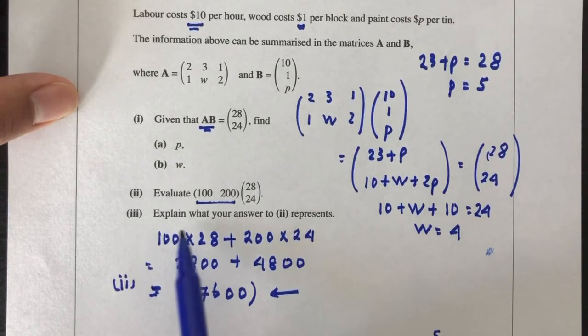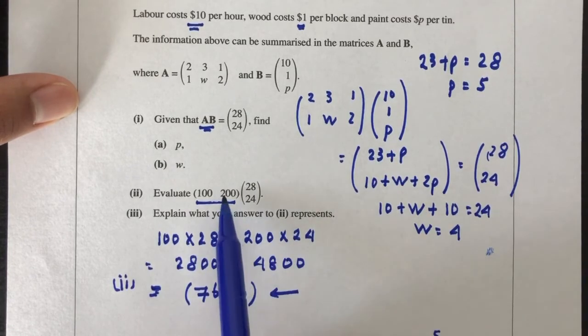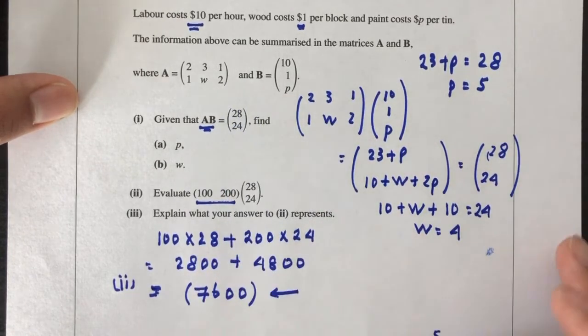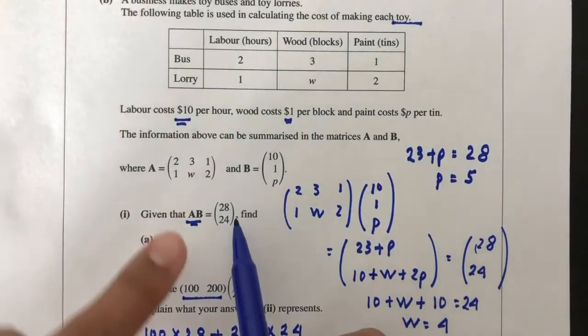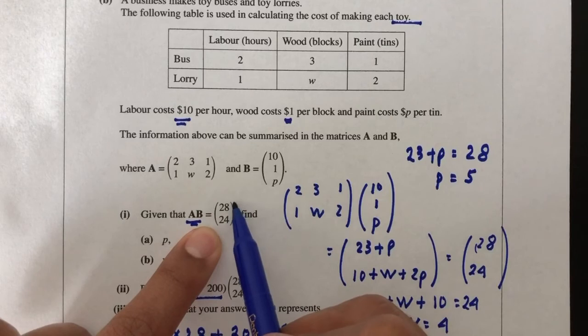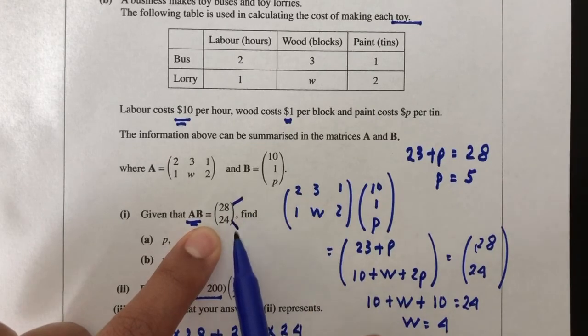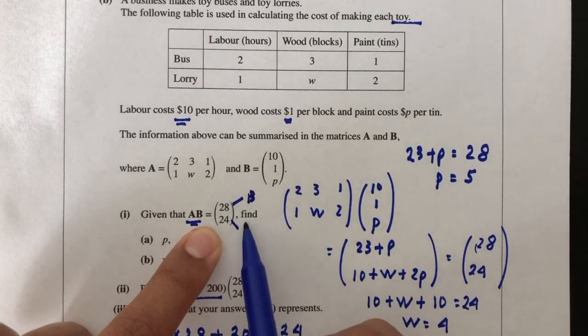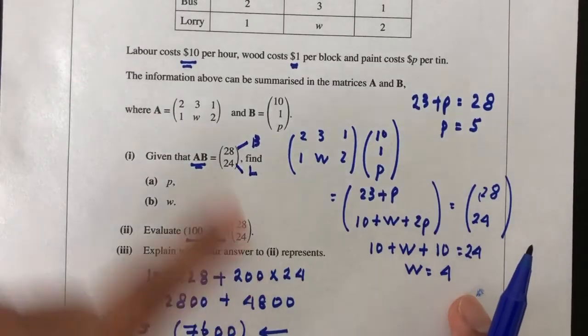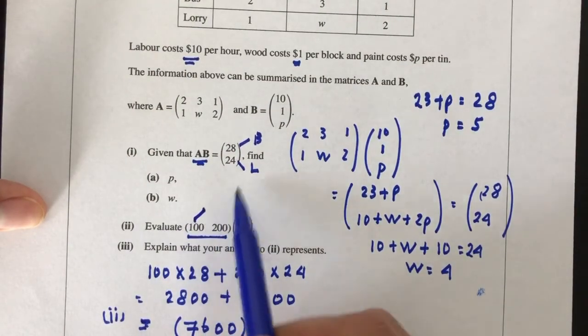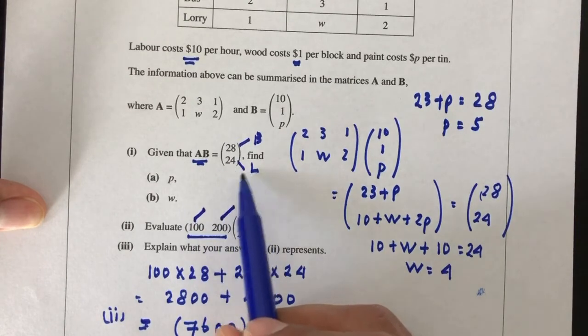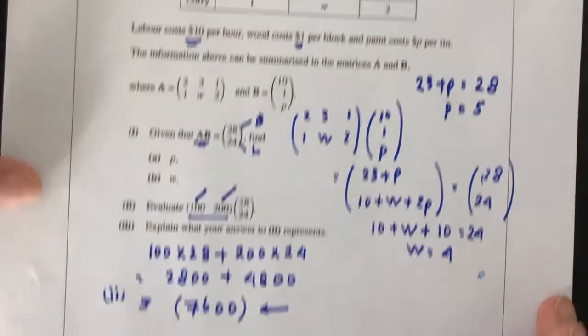Now explain the answer in part 2. So what is this first? Basically this means the cost of making each toy. This is the cost of making the bus, the cost of making the lorry. So when you do this times this, it means the cost of making 100 buses and the cost of making 200 lorries.